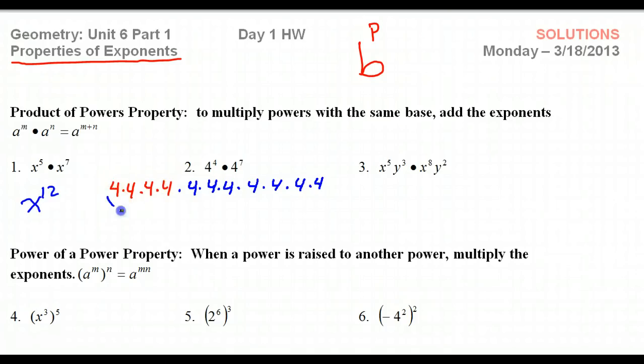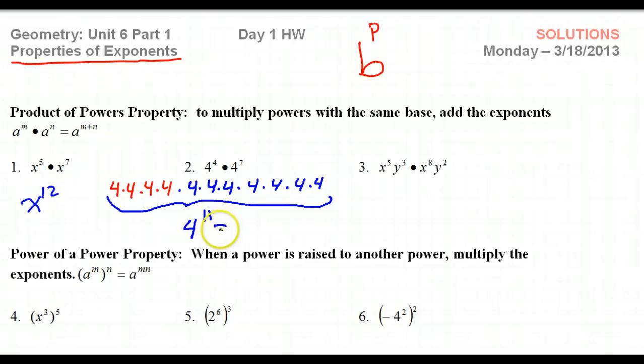So when you put all these together, 4 times itself, again there are 11 of them, but they are still 4s. They're not suddenly 16s. So it makes sense that it would just be 4 to the 11th power, not 16 to the 11th power. Knowing what goes on behind the scenes will help you know what to do.